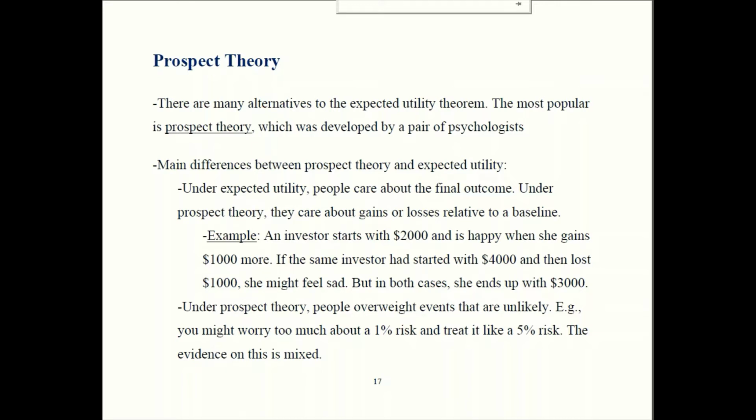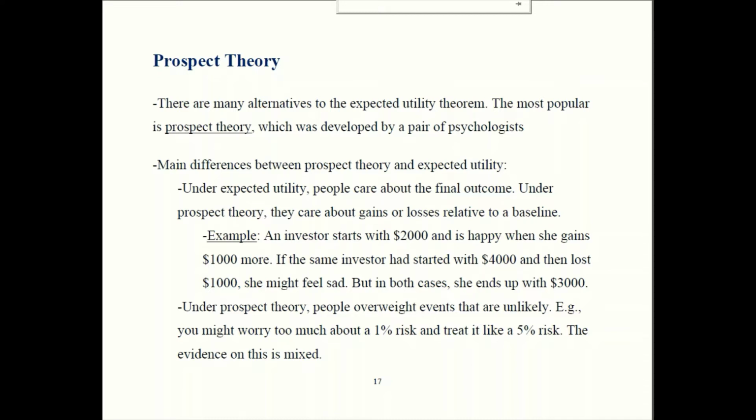However, our investor might, understandably, feel different in each situation. If you start with a little and you gain another $1,000, you'll probably be pretty excited about that. If you start with a lot and you lose some of it, you're going to be upset that you lost money.